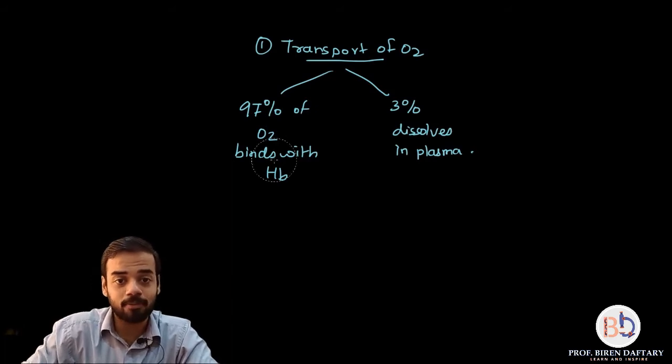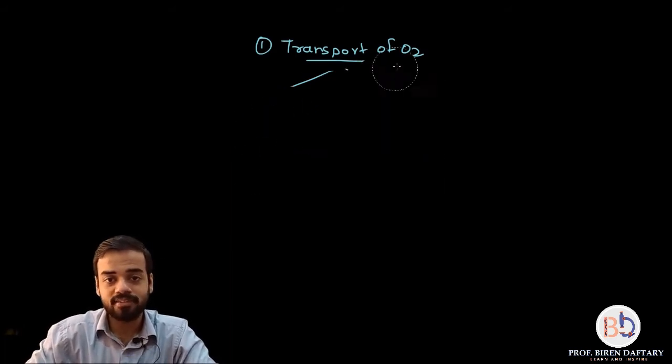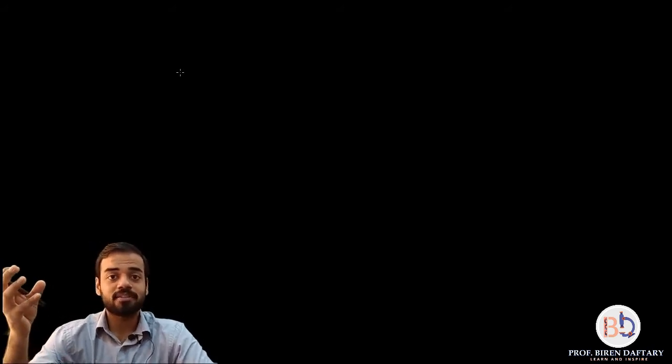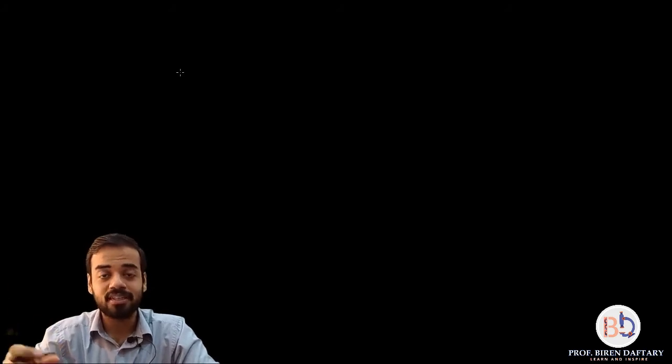The important part over here is the 97% of oxygen which binds with hemoglobin. So how does that happen? As you know, the partial pressure of oxygen is very high in the alveolar air, 104 millimeters of mercury. So the oxygen diffuses into the pulmonary capillary, because in the pulmonary capillary the partial pressure of oxygen is 40 millimeters of mercury. When it diffuses into the pulmonary capillary, it binds with hemoglobin.